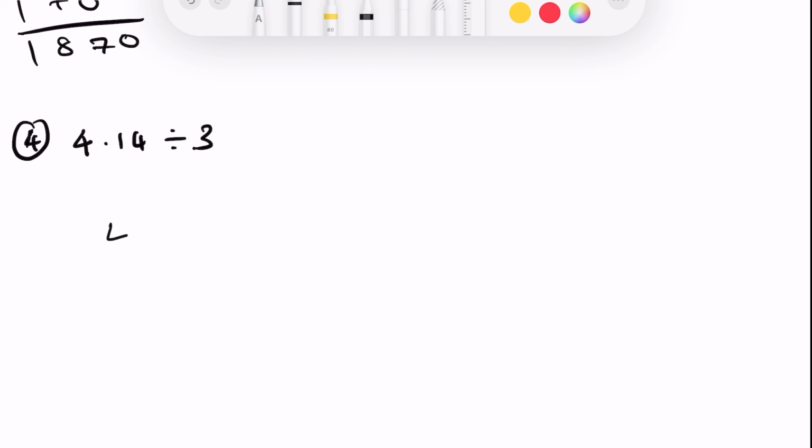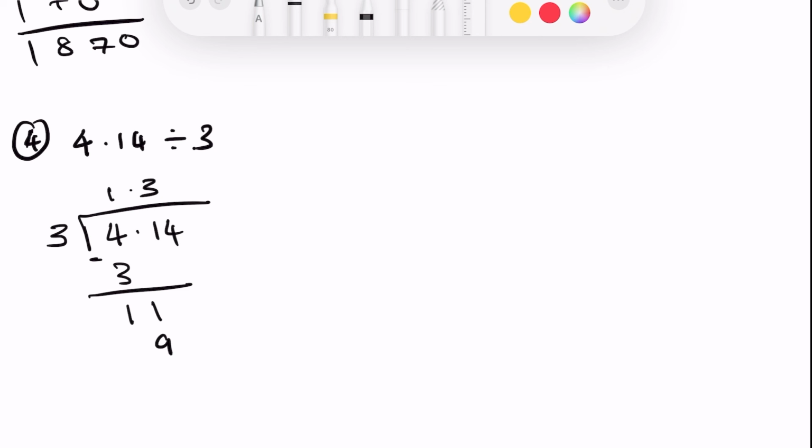Okay. So if we put 4.14 divided by 3, well, 3 goes into 4 once. 3 times 1 is 3. Subtract that. 4 minus 3 is 1. Bring down 1, get 11. I'm going to put my decimal place there. 3 into 11 goes 3 times. 3 times 3 is 9.